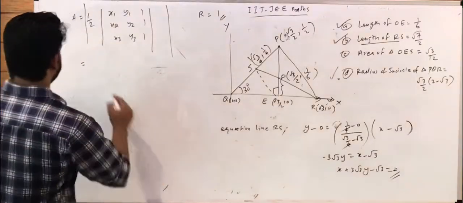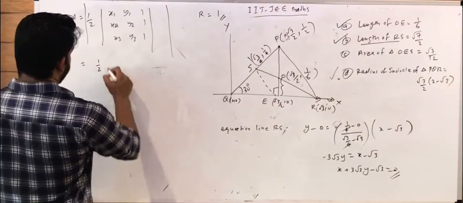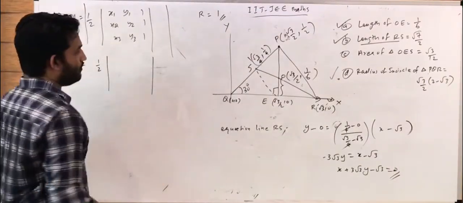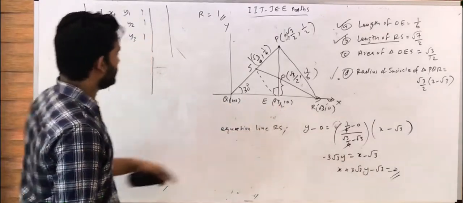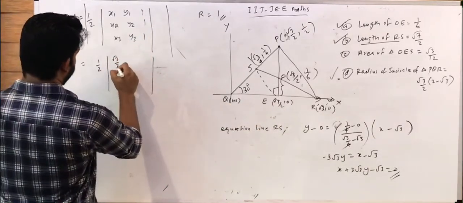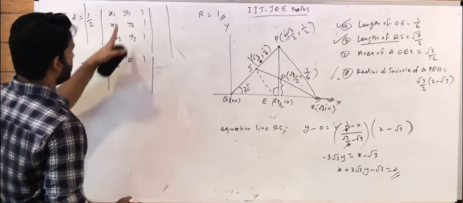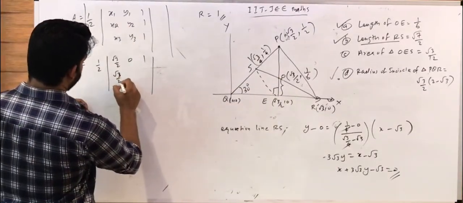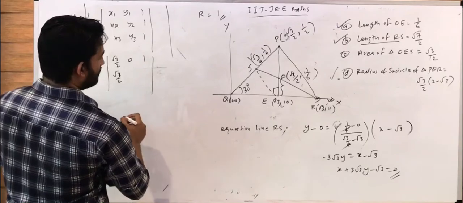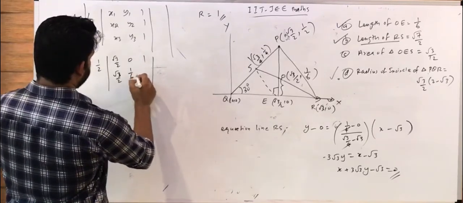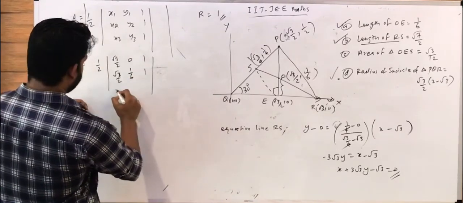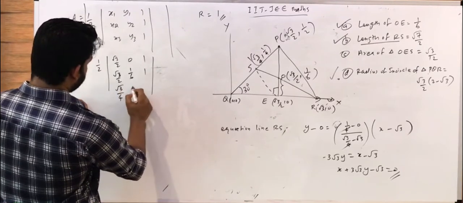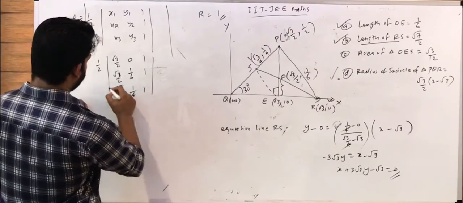So when we substitute, 1 by 2 into the determinant, taking x1 as root 3 by 2, 0, 1, and x2 as root 3 by 2, 1 by 6, 1, and x3 as root 3 by 4, 1 by 4, 1.